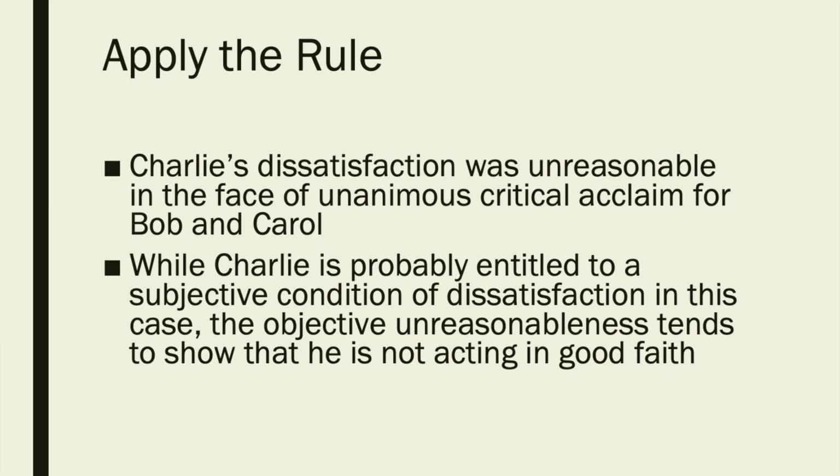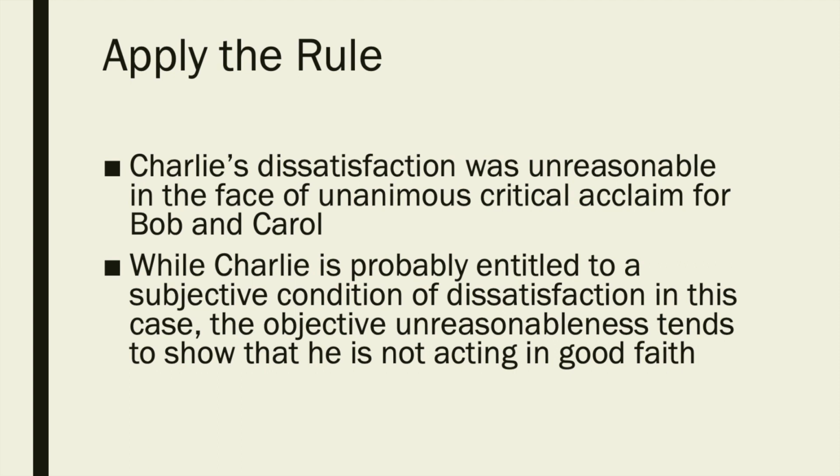Let's apply it. Charlie's dissatisfaction, first off, was unreasonable. And although he's entitled to be unreasonably dissatisfied, this matters because it tends to show he's not acting in good faith. Why is he dissatisfied when the world thinks that this is wonderful music? This makes him more susceptible to alternative explanations for his behavior.